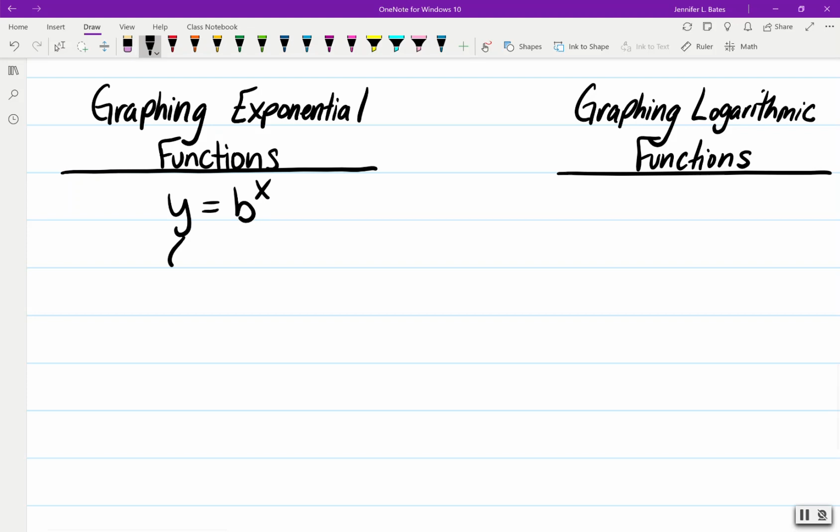And then I remember when we graph exponentials, we're graphing -1, 0, and 1. These are the x values that I'm graphing at. This is what I remember. This is it. If you can remember this, you can logic your way to what we need to graph logs.